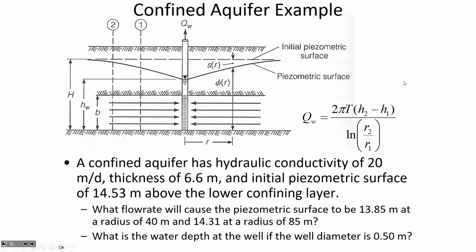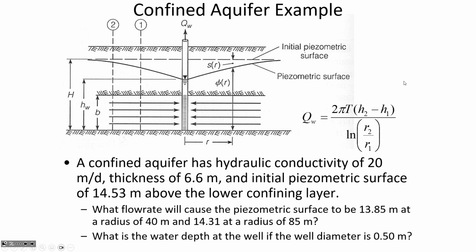Right now the water has been depressed compared to where it ordinarily is, the ordinary height of 14.53 meters. The pumping has drawn the water down 0.68 meters. That's the drawdown at 1. You don't need that for what we're going to be solving, but in some of the problems I'll give you the drawdown rather than giving you H1. I would tell you what is S1, drawdown S1.